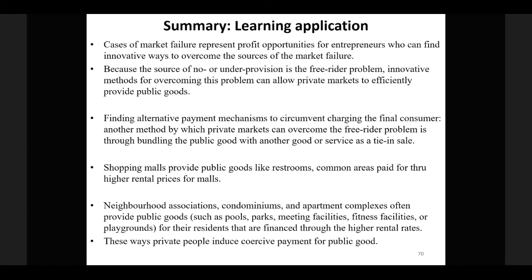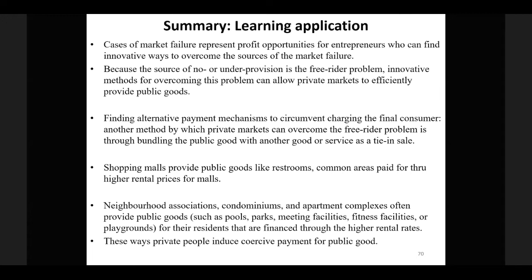I was preparing for our next lecture yesterday, and I just thought that I should draw your minds to some learning applications as far as the public goods situation is concerned. You realize that we say whenever the market fails, government intervention is necessary, but sometimes entrepreneurs that wish to make a profit can take advantage of these profit opportunities by finding innovative ways to overcome the sources of market failure.